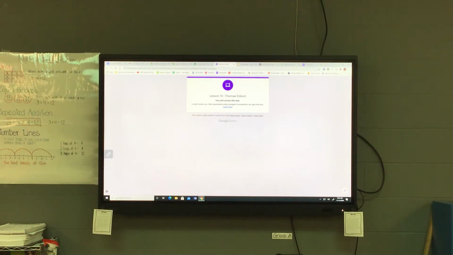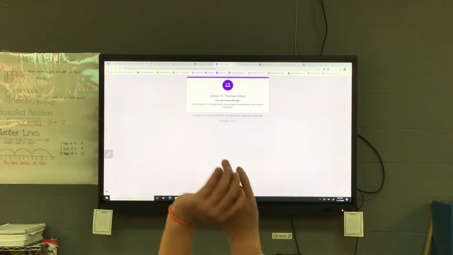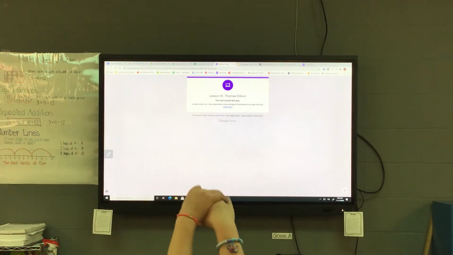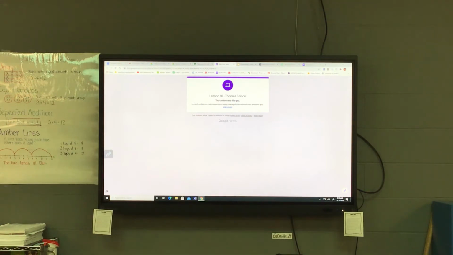Question 4. What does the word laboratory mean in this sentence? Thomas Edison spent many hours in his laboratory trying to make a light bulb. Read through those to see what laboratory means in that sentence.